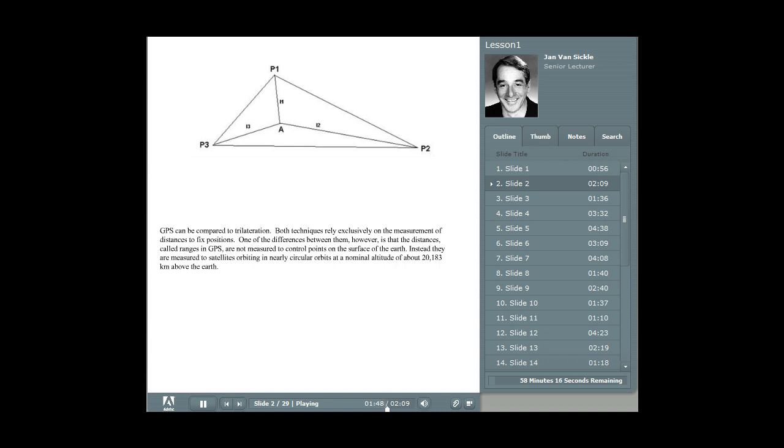We'll talk more about that. There are other similarities too, but these ideas of distances being used, several simultaneous distances being used to an unknown point, is probably one of the fundamental ideas behind the functioning of GPS.